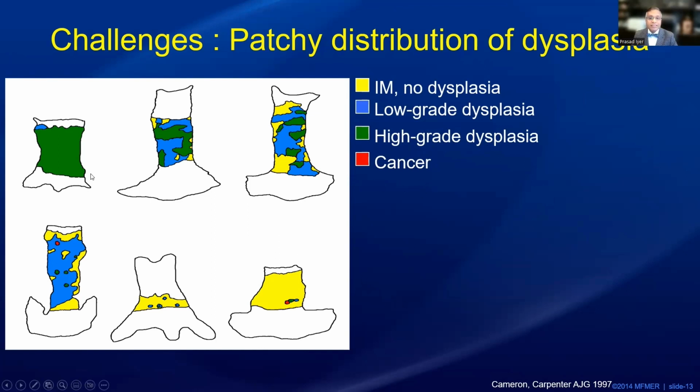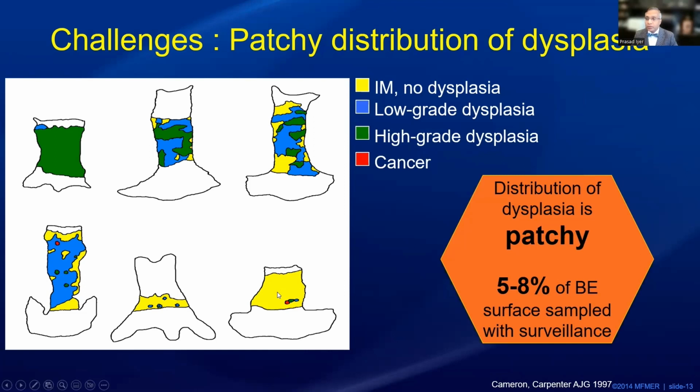And as you can see, green is high-grade dysplasia and red is cancer. Very occasionally, you will find large segments of high-grade dysplasia, but more often than not, they are scattered in a sea of low-grade dysplasia, or sometimes in a sea of non-dysplastic Barrett's, and you really have to find that little focus of high-grade dysplasia or cancer.